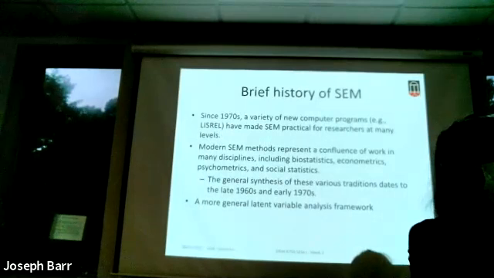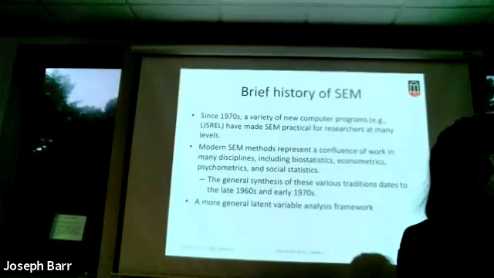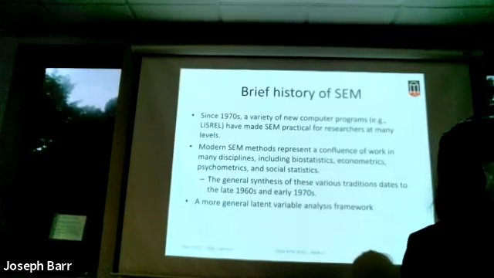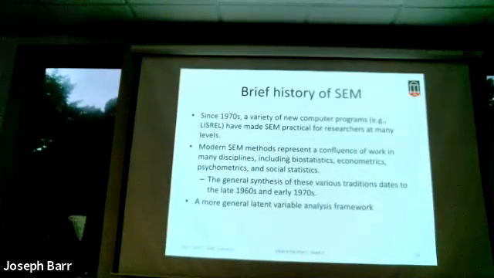So we try to use different math tests to estimate the people's mathematical ability. So latent means not directly observed. It's kind of underlying. It's latent. Thank you. That's a good question.